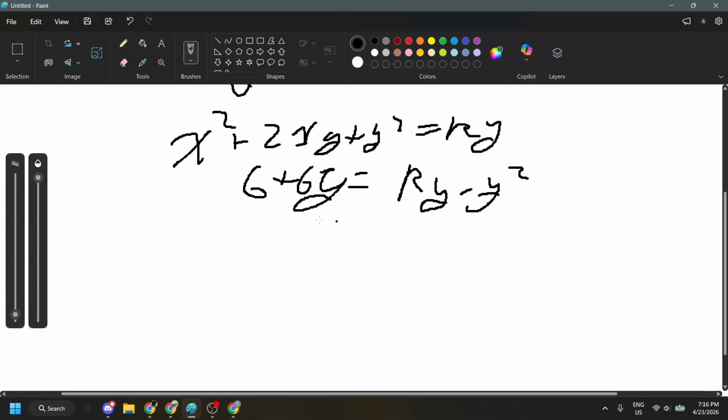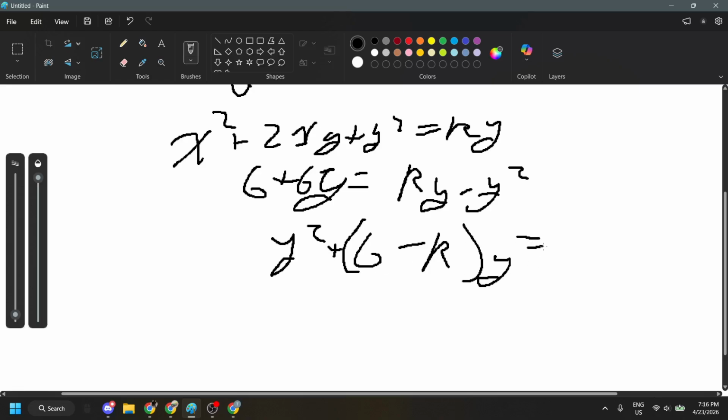Then can we just solve for y? So y squared is plus 6 minus k, y plus 6 is equal to 0. Oh, this isn't b. That's really annoying. Something to note here is that this is in b, and b is used a lot in the quadratic formula, so it's going to be very annoying to use.